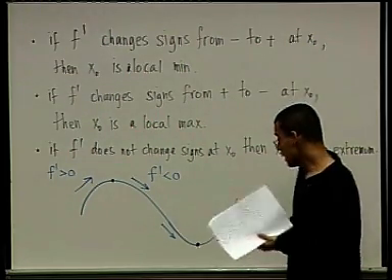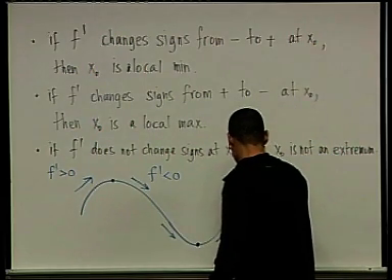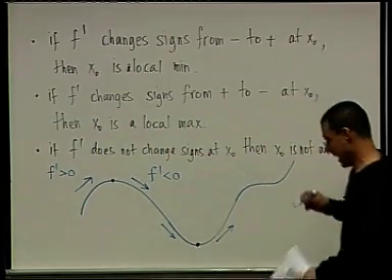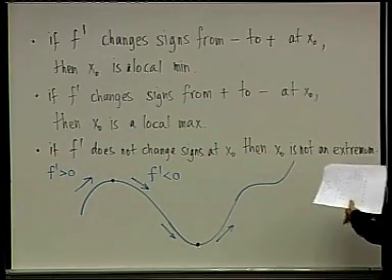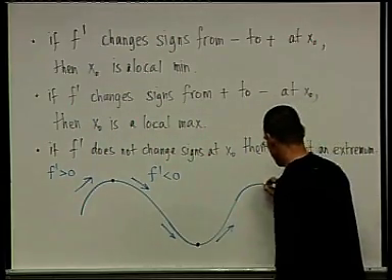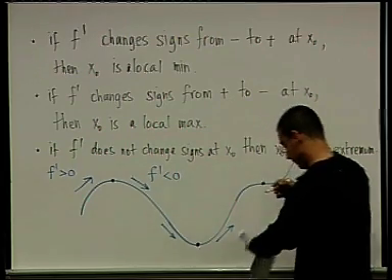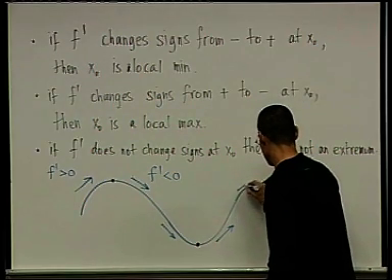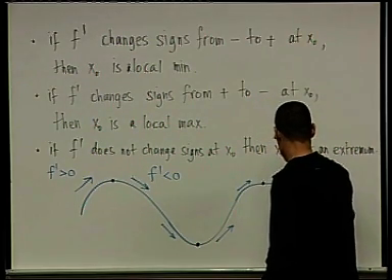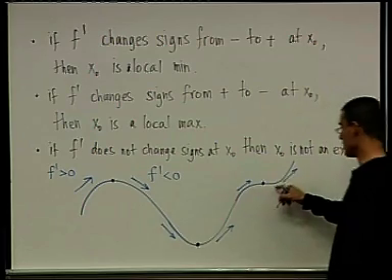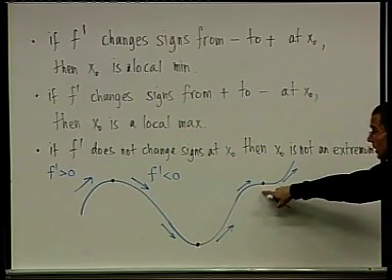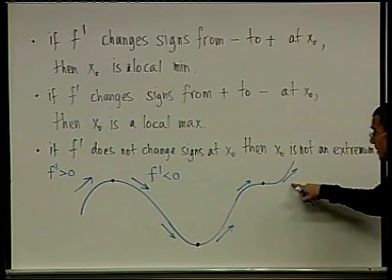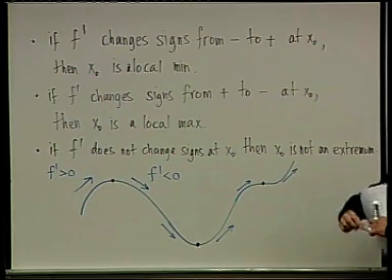Clear? And the last situation that can occur is the situation of x cubed, if you can still have the derivative be 0, but be positive on both sides, like in this situation. And this is precisely the case where f prime does not change signs, and therefore it's not an extreme.